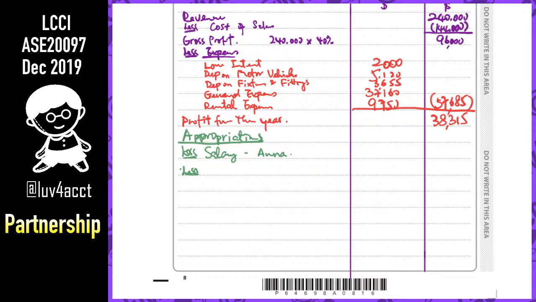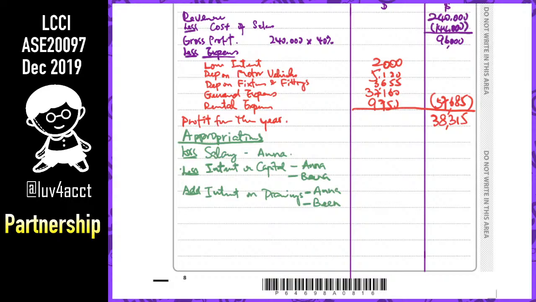Then interest on capital for Anna and Bina. Let me save half a line. Then add back interest on drawings for Anna and Bina.